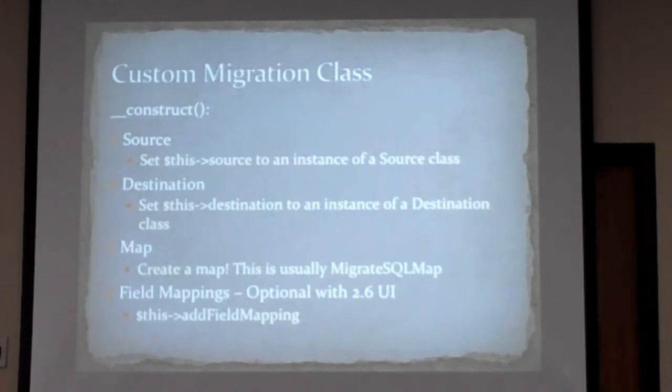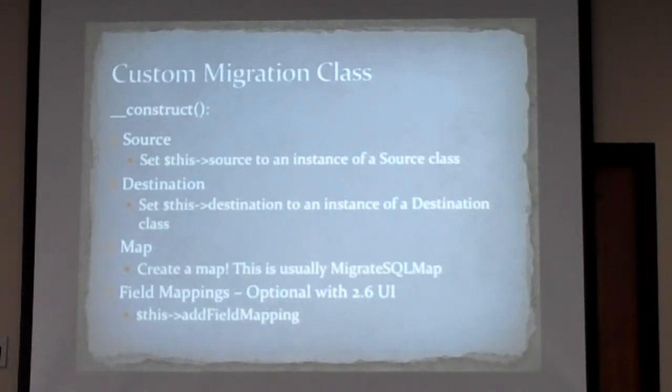In order to actually write a migration, say I want to take data out of FooCMS and get it into Drupal. I have to write a migration class for each type of data that I want to get out of FooCMS and into Drupal. So say I have foo users. I would write a FooUserMigration class that extends from Migration.